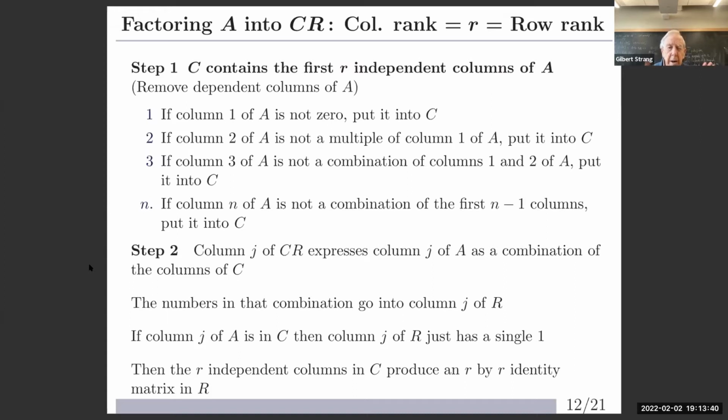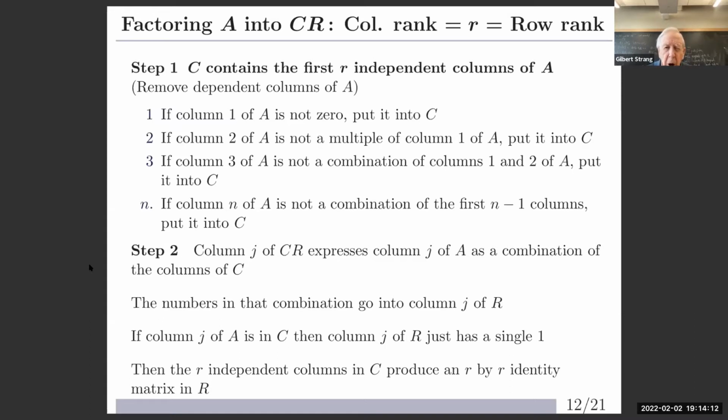So here, let me say again. We're given the matrix A. It has some independent columns, but it may also have some dependent columns. So we construct C, our column matrix, with only the independent ones. Every column in A is some combination of the columns in C. C has all the good ones, all the independent ones.